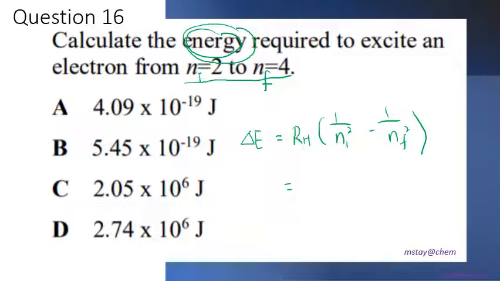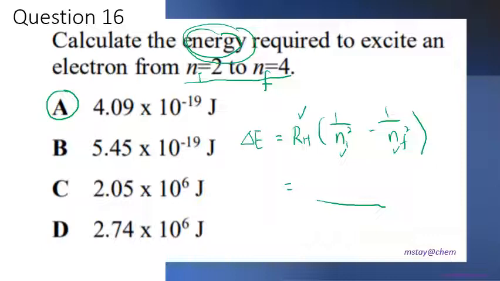So choose the correct Rydberg constant and then substitute n initial equal to 2, n final equal to 4. You will get the answer 4.09 × 10^-19 joule.